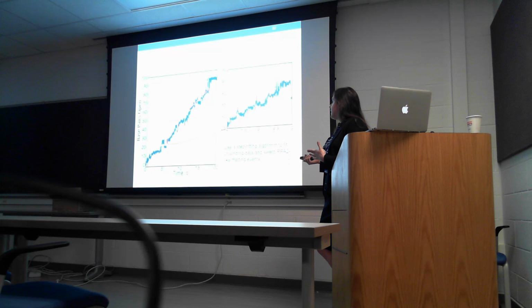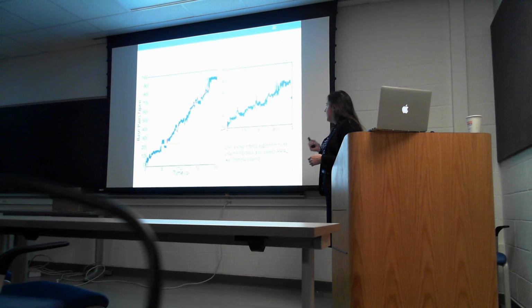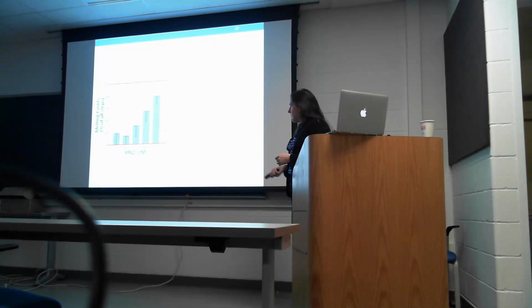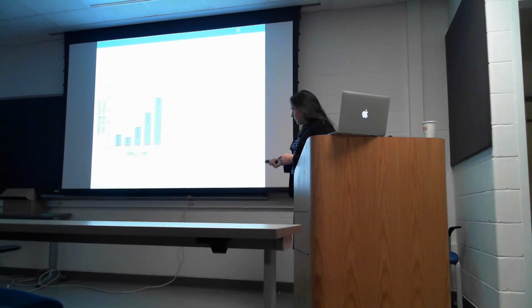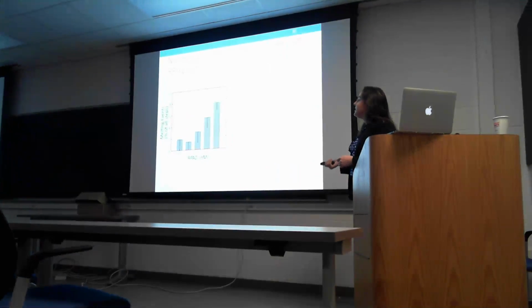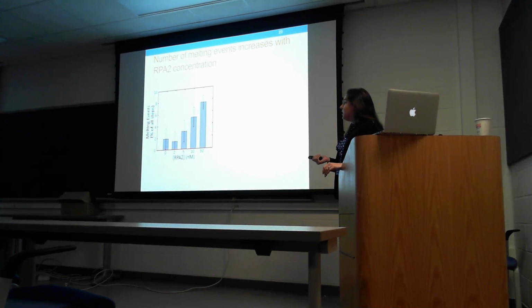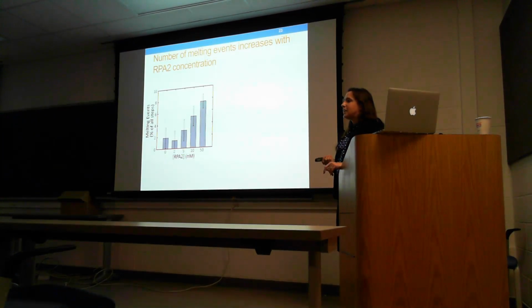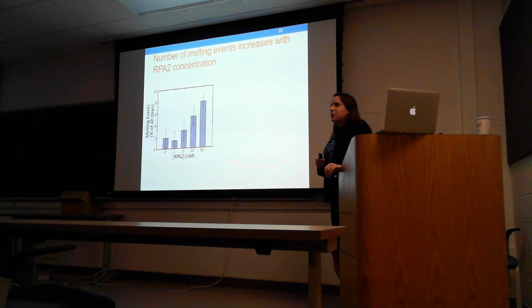So we use a step fitting algorithm to fit this unwinding data and select RPA2-like melting events out of the data. The proportion of these events increases with RPA2 concentration, indicating this isn't just a fluke or noise.